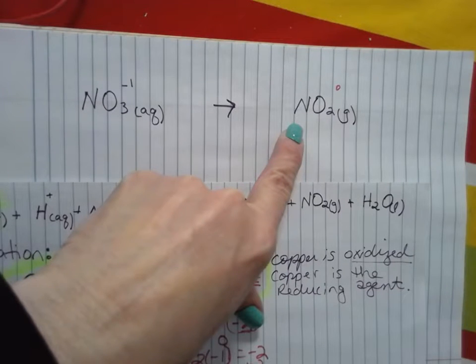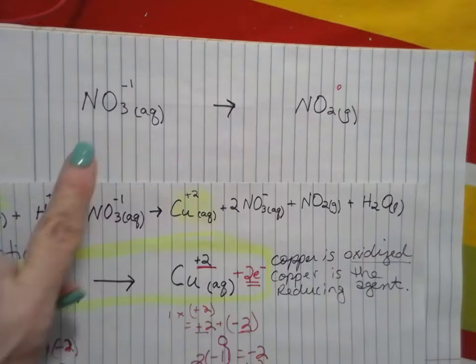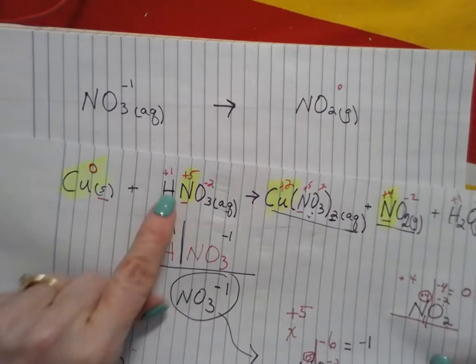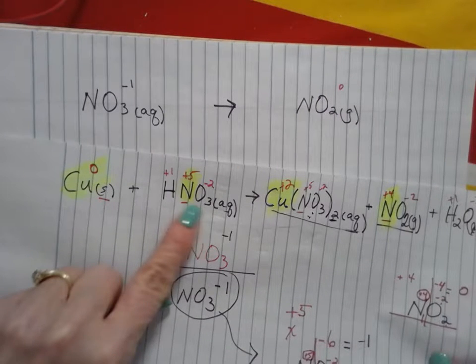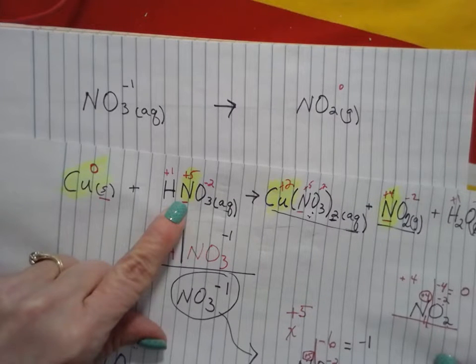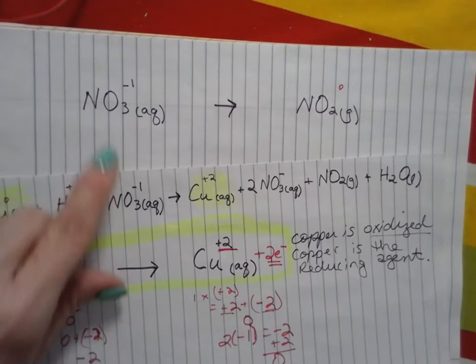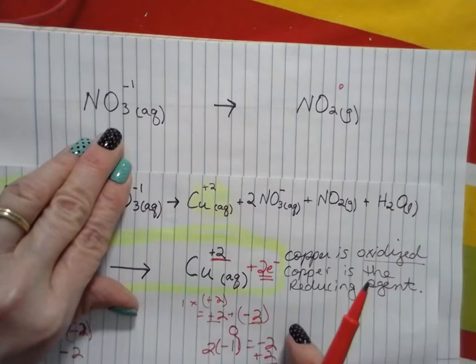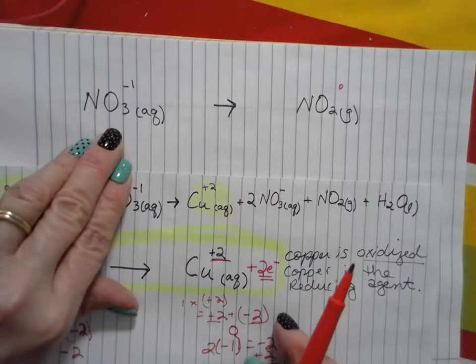Step 2, I have to balance these oxygens. Now I know that this is in an acidic solution because I'm dealing with nitric acid. Okay, so if this is nitric acid, then I've got an acidic solution. So the way that I balance out these oxygens, since I've got 3 on this side and 2 on this side, is I'm going to add water.